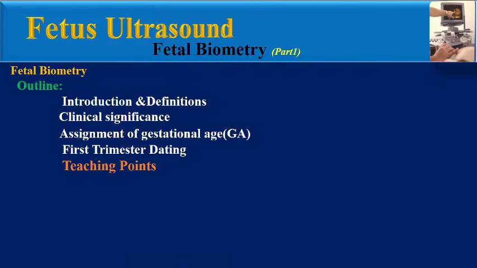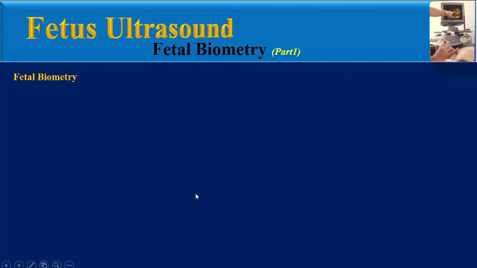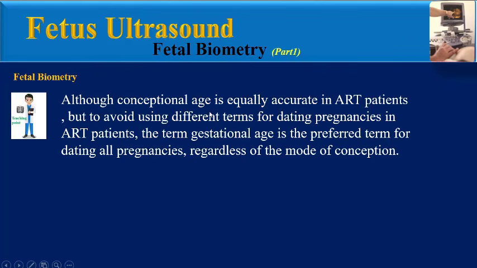Now, please pay attention to these final teaching points. Although conceptional age is equally accurate in assisted reproductive technique patients, to avoid using different terms for dating pregnancies in ART patients, the term gestational age is the preferred term for dating all pregnancies, regardless of the mode of conception.